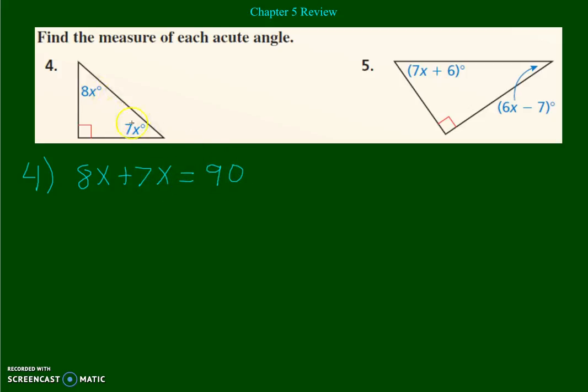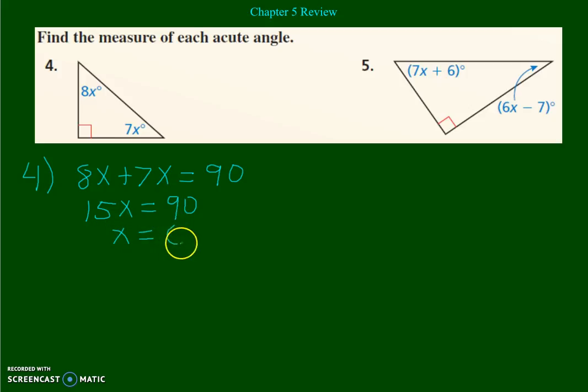Since these angles are complementary, their sum is 90 degrees. So we go ahead and combine our like terms. 15x equals 90. And we divide by 15.